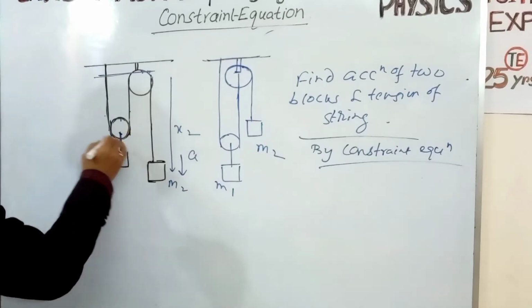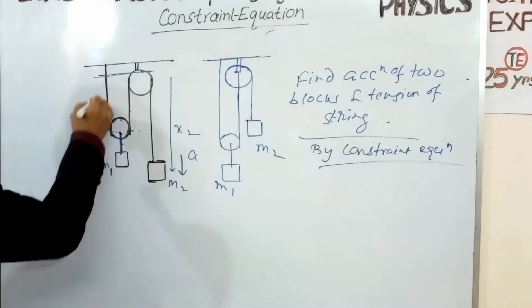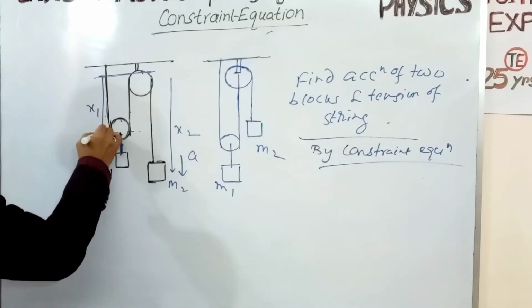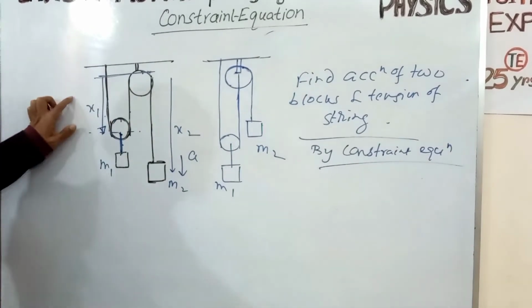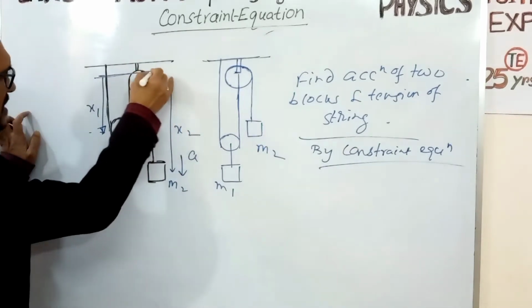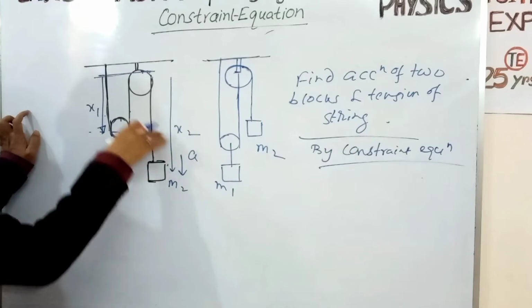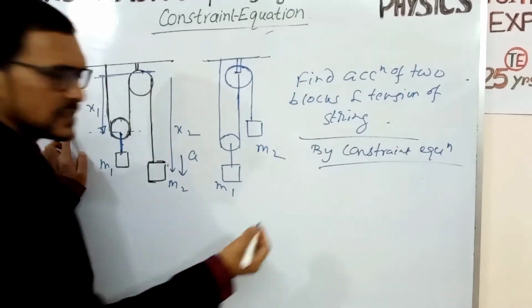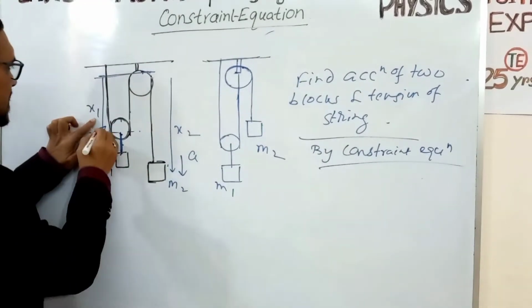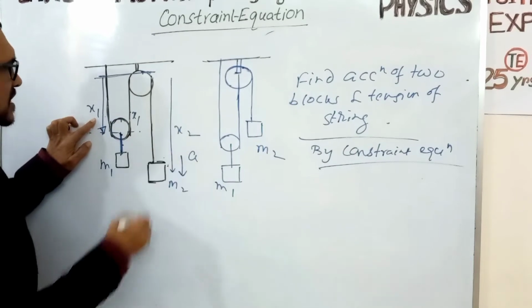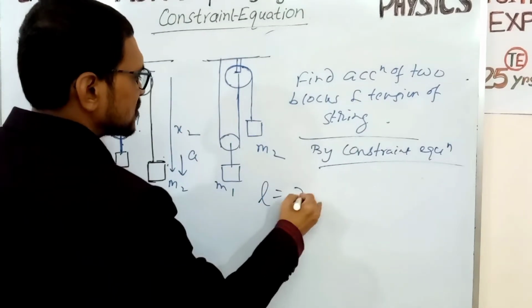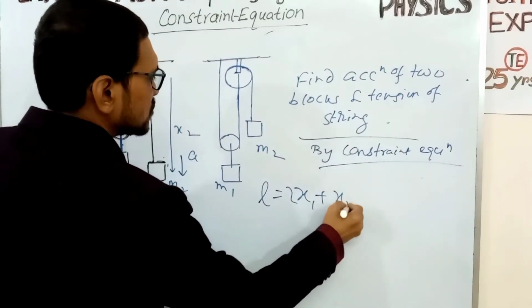This is fixed, so we can take the distance up to this. So if we calculate the length of the string, the length of the string is 2x1 plus x2.